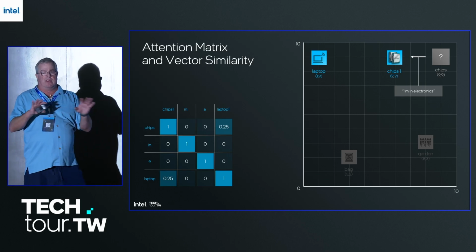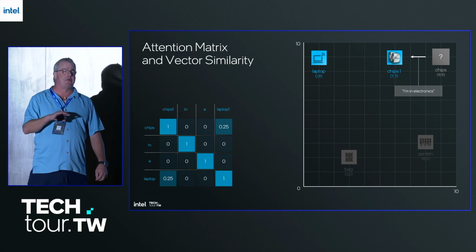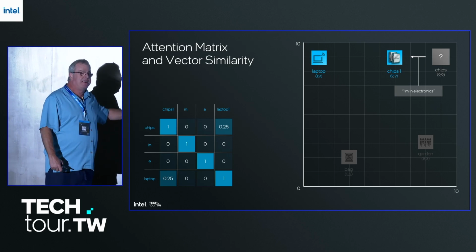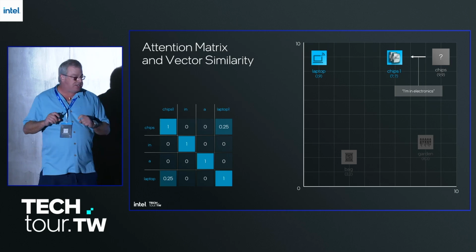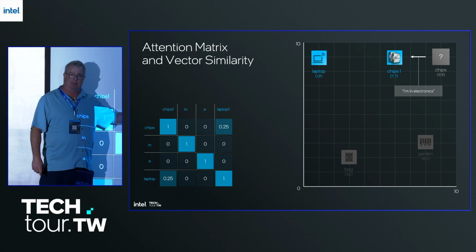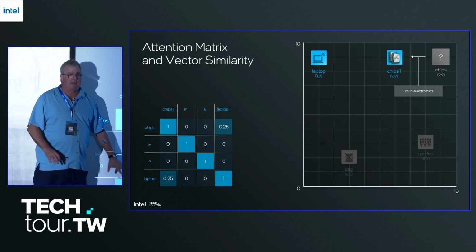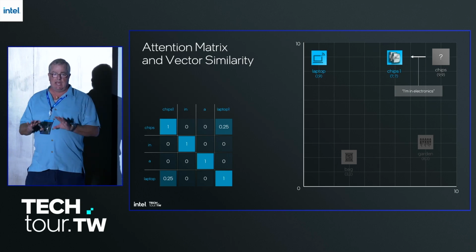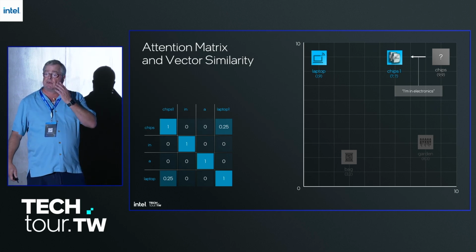Now, I will tell you right now, it's actually a lot more complicated than this. So don't pretend this is true, but it's a good metaphor. Okay, so we're creating an attention matrix, which tells you if I see chips, how important is laptop? Or if I see chips, how important is chips? So this matrix is telling me, based on all the language that I've seen, how much do I want to shift myself towards chips if I see it?